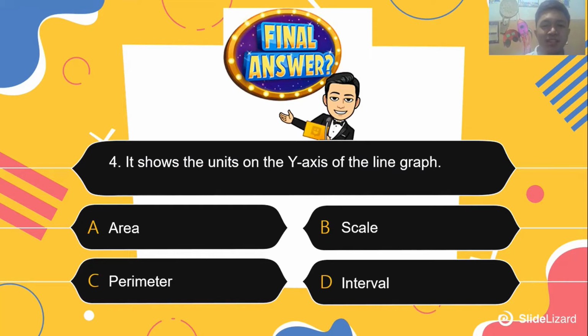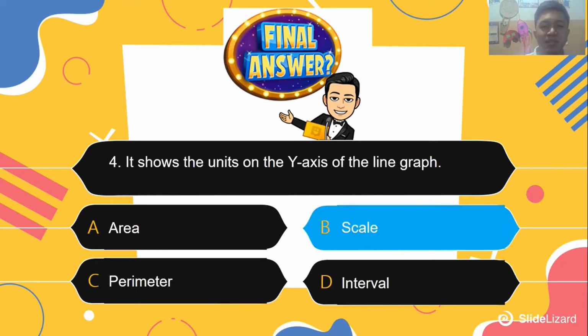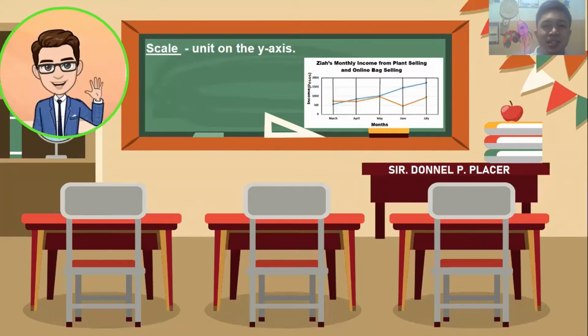Okay, the correct answer is scale. Scale is the unit on the y-axis. For example, in the given graph, the scale is the income in pesos. So it starts from 0 and with the interval of 500.